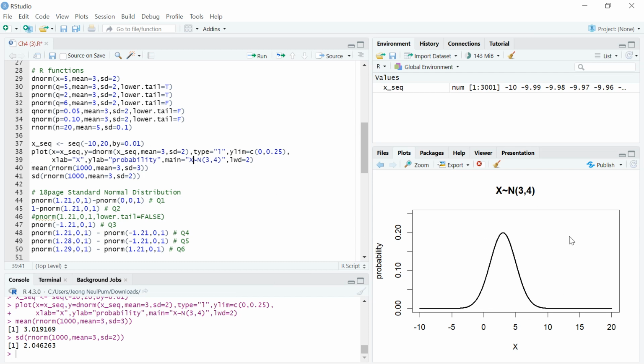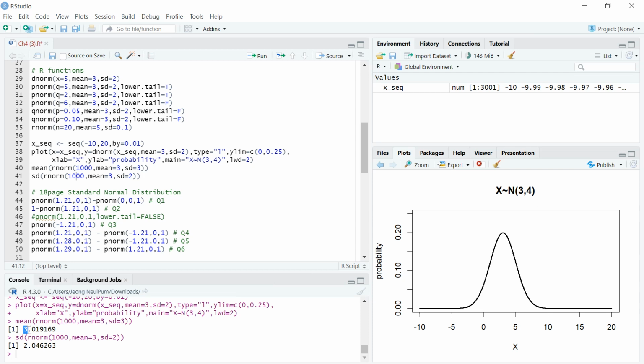Because the shape of the graph is bell-shaped and symmetric with the center at our mean, which is 3. So we can see that we are in the situation in which we are dealing with a normal distribution, at least.